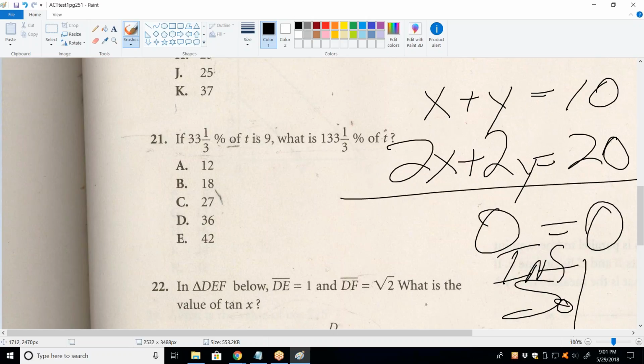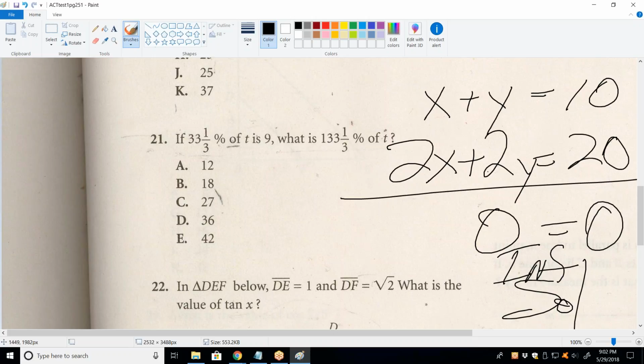So you have three possibilities on these systems of equations: no solution, an infinite number of solutions, or a specific solution. No solution is when 0 would equal a number, or a 2 equals 3, or if you get one number equaling a different number, that's impossible. That means no solution.